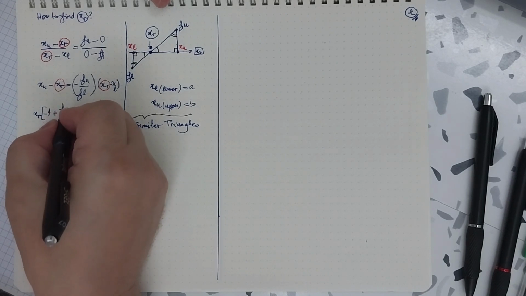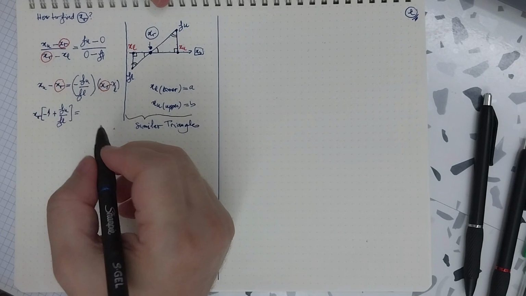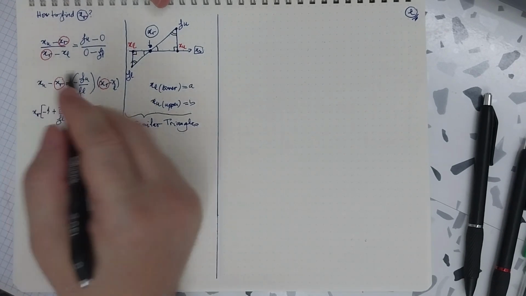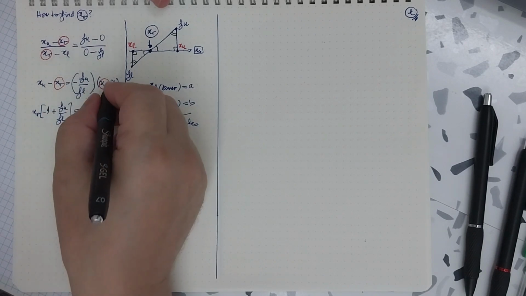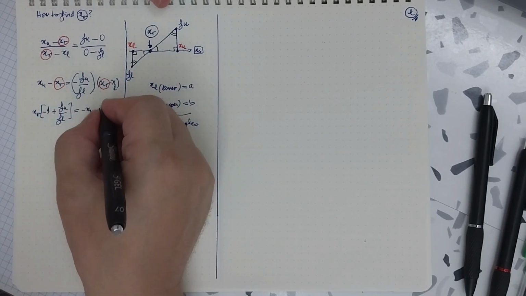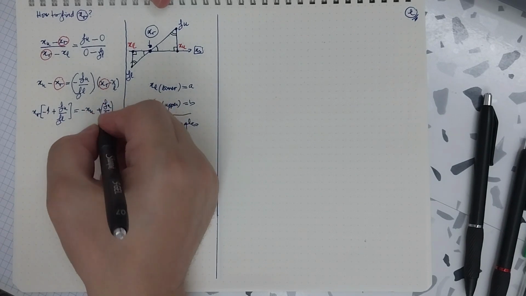So FU over FL. And we have here XU become minus XU, plus, minus by minus plus, FU over FL by XL.